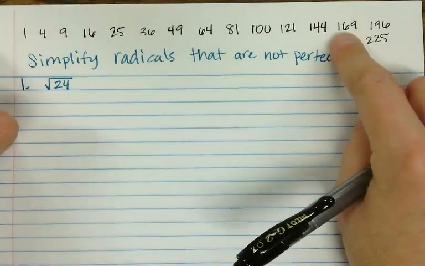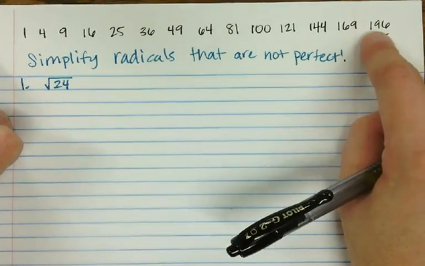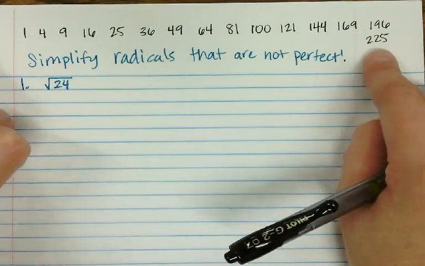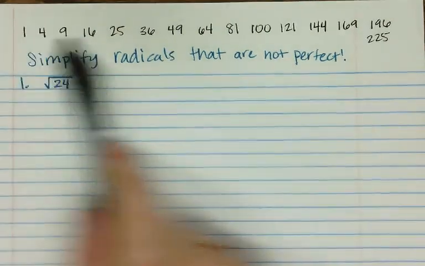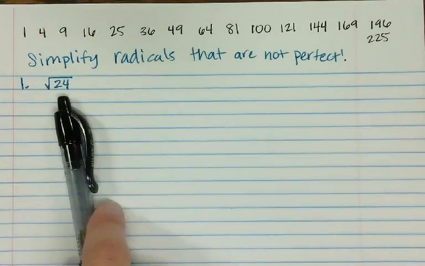How I remember 13 and 14 is that it's 169, and then you flip-flop, so 6 and 9 becomes 96. And then 225.